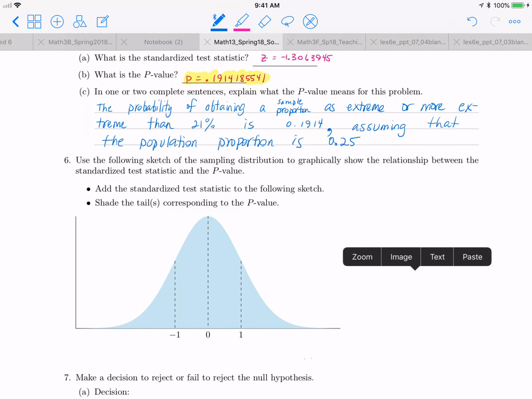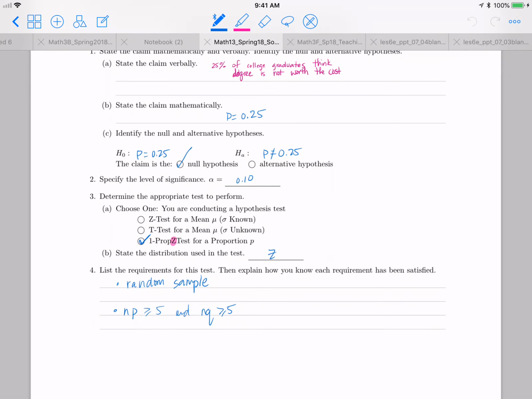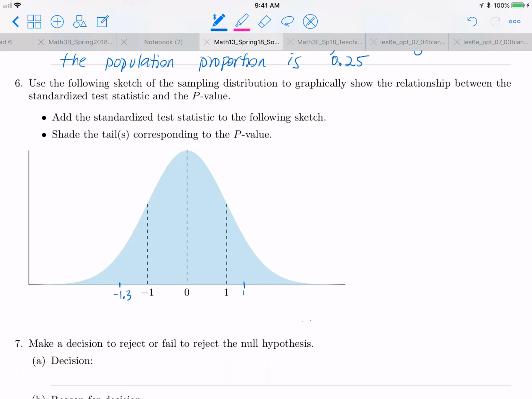So our standardized test statistic is negative 1.3. So I'll go right here, put negative 1.3. And in order to determine how to shade, I need to look at my null hypothesis and my alternative hypothesis. From here, I see that I need to do a two-tailed test. So the negative 1.3 and the positive 1.3.